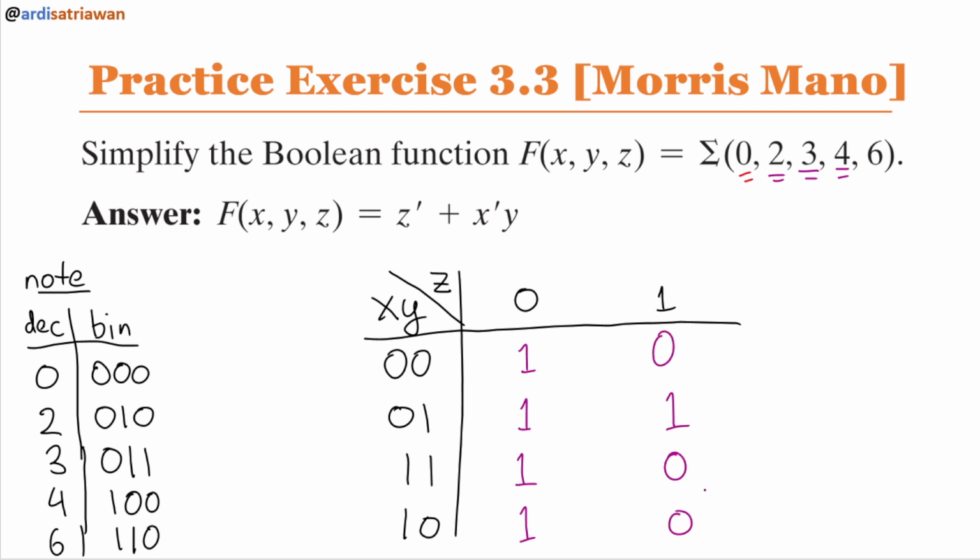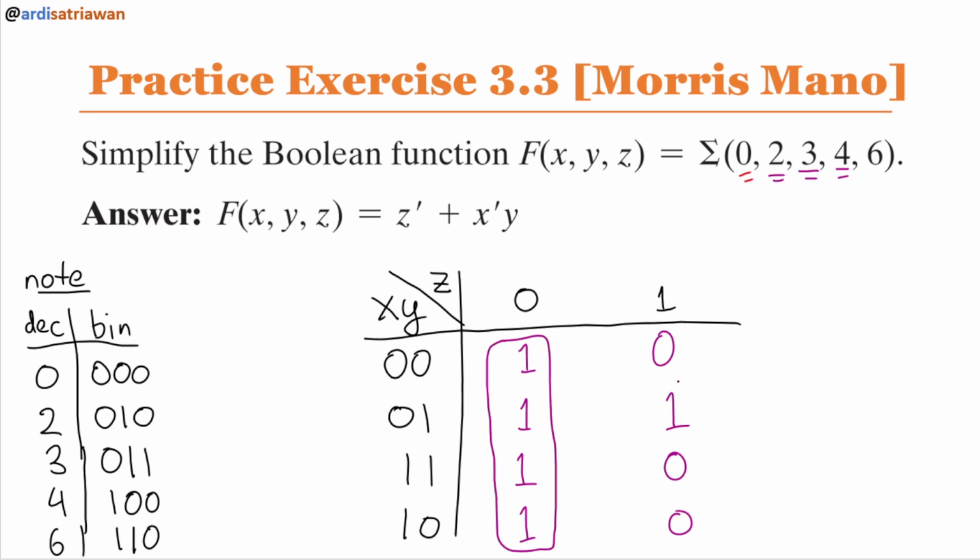Now we can circle the ones that are adjacent. It can be only 1, or 2 ones, or 4 ones, or 8 ones. We have 4 ones here, and we can circle those.